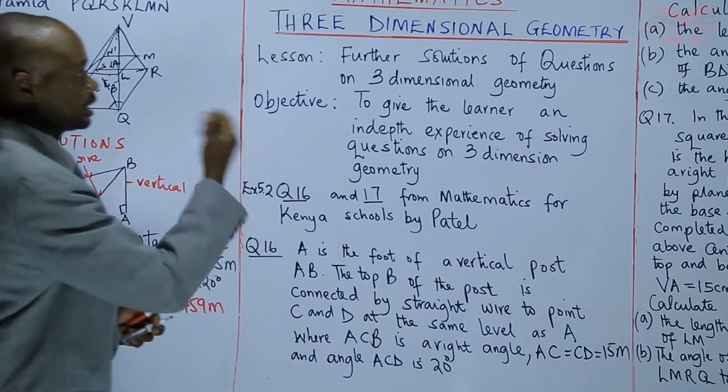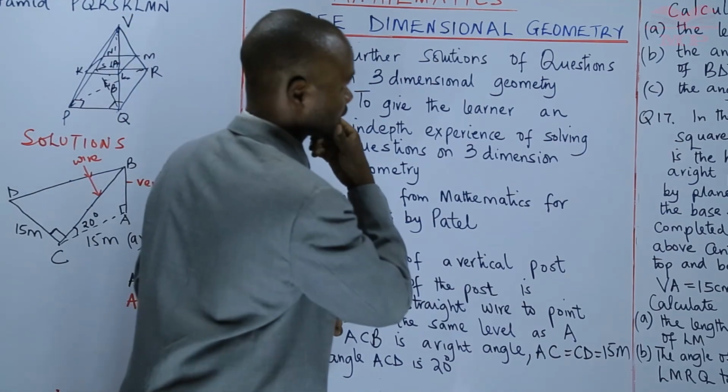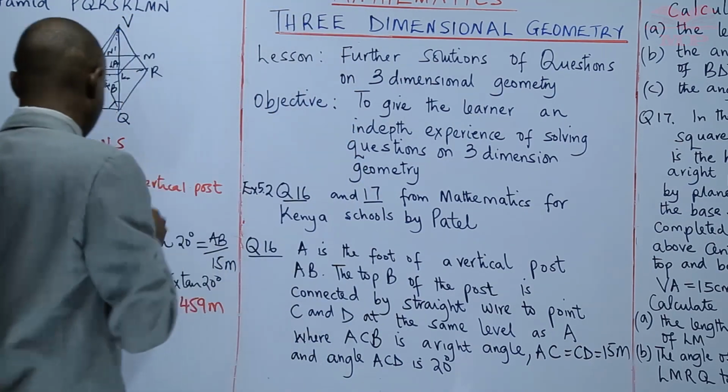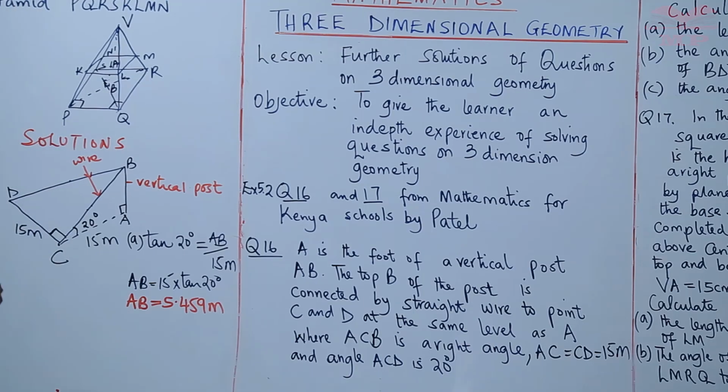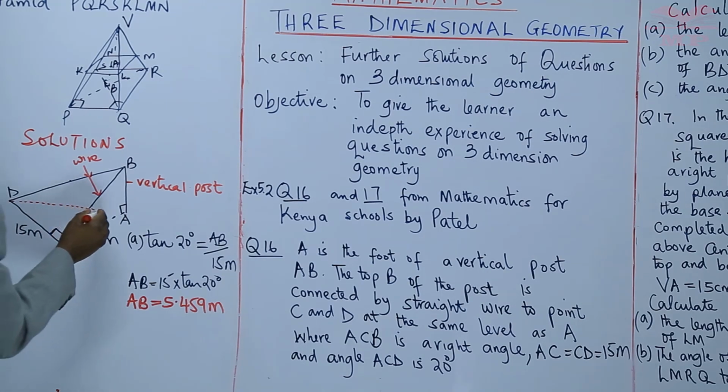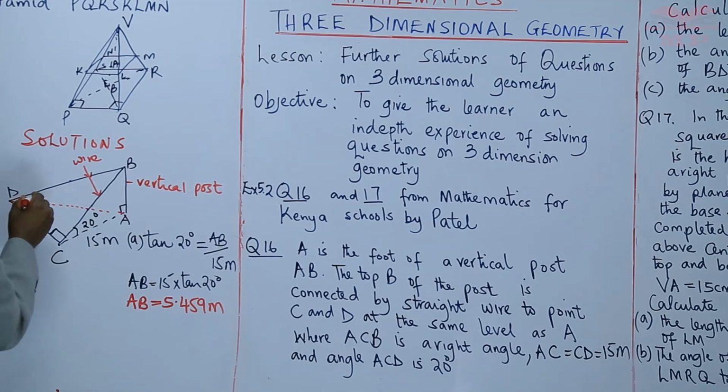What is next? The angle of inclination of BD to the horizontal. They are asking for angle theta. You'll be forced to get DA.